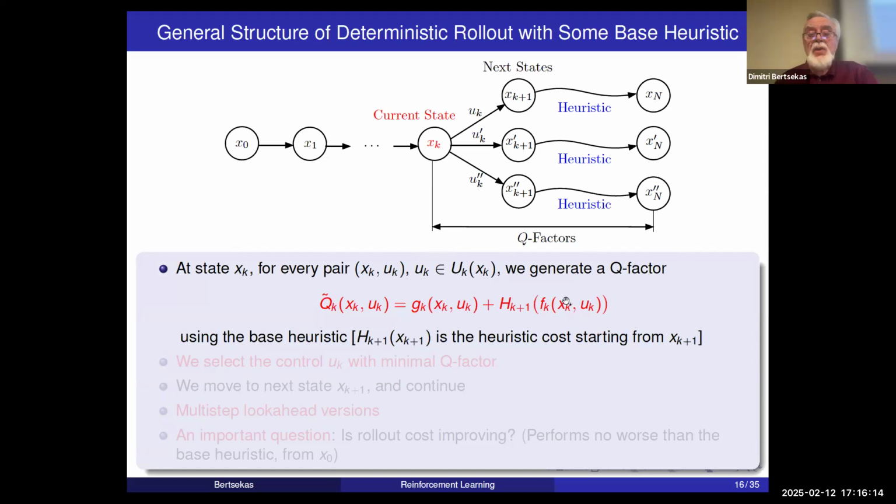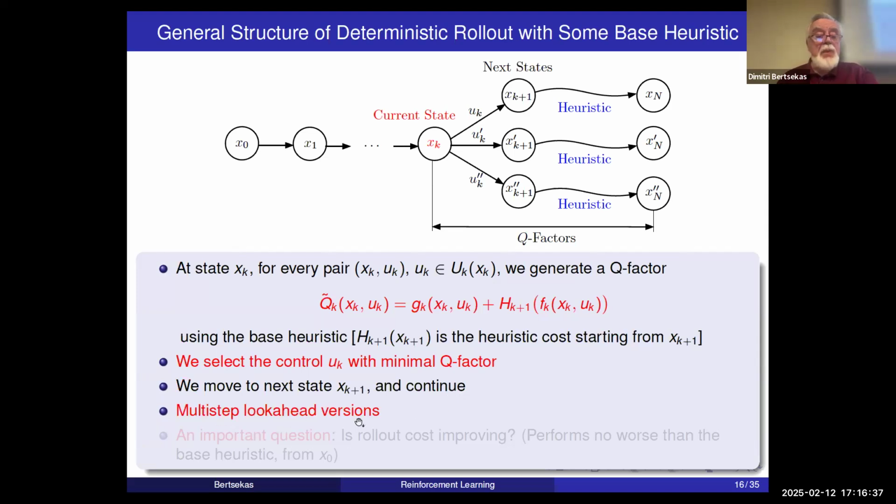This is the Q factor associated with the pair xk and uk. We calculate all these Q factors using the base heuristic, and we choose the control that has the minimal Q factor. That's the algorithm. We've been through this before. We move to the next state, xk plus 1, and continue.